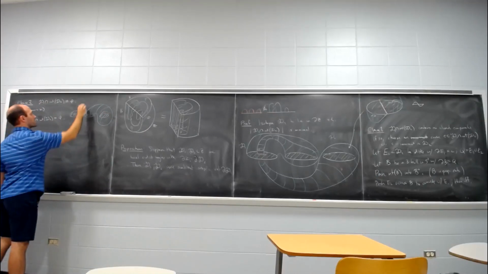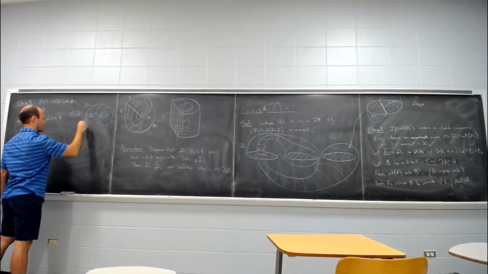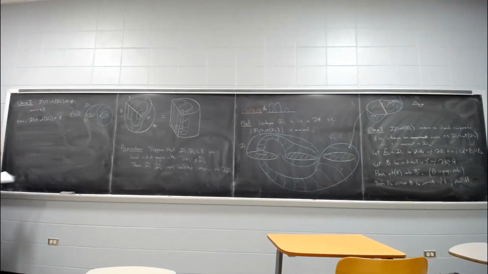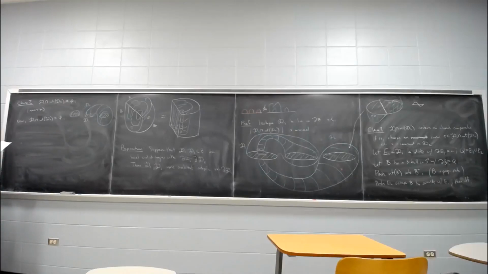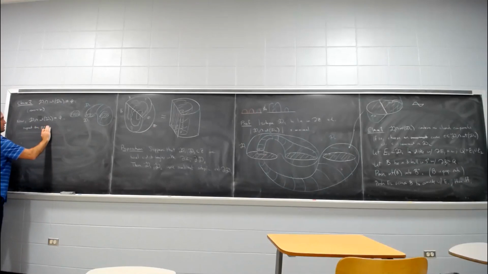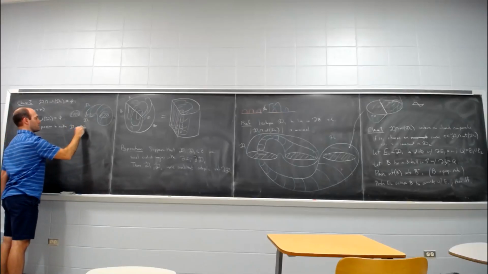Okay. This is a possibility for what D1 and D2 look like. It's not automatic that they're isotopic in S^3 at this point. And so, well, we repeat the process to make D1 equal D2.